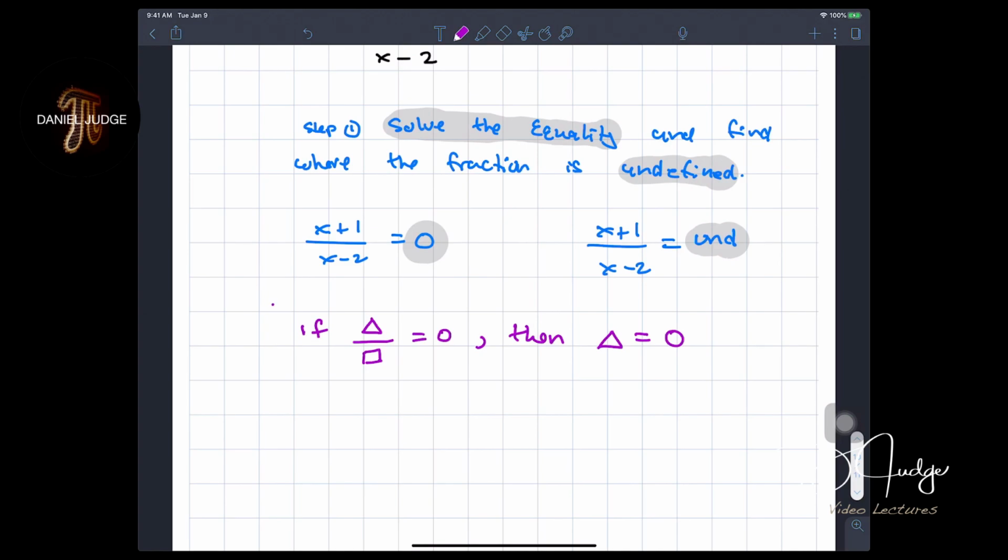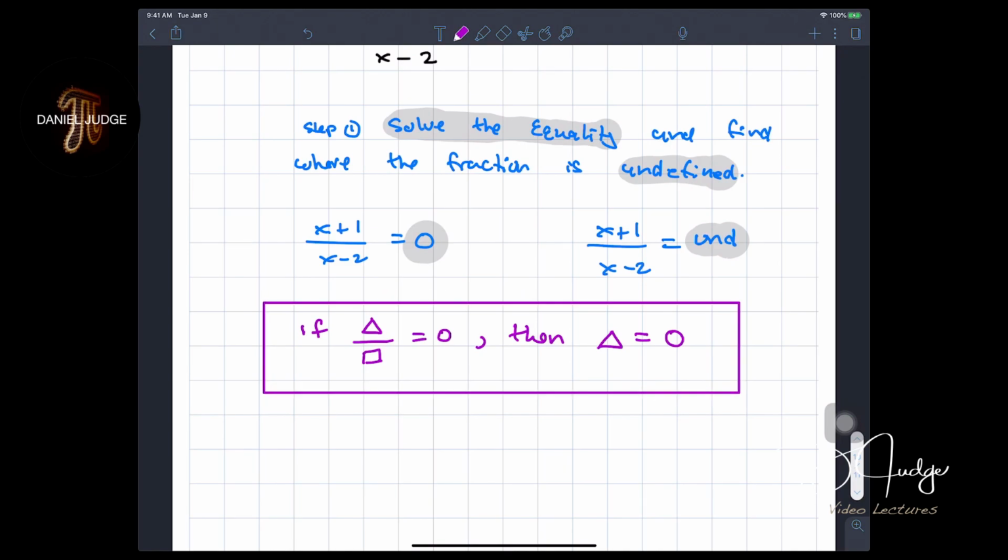So we're going to use this statement here. I have a fraction equal to 0. So on the left, they're saying this must be equal to 0. So we say x plus 1 is 0. That's what they're saying in that fact.